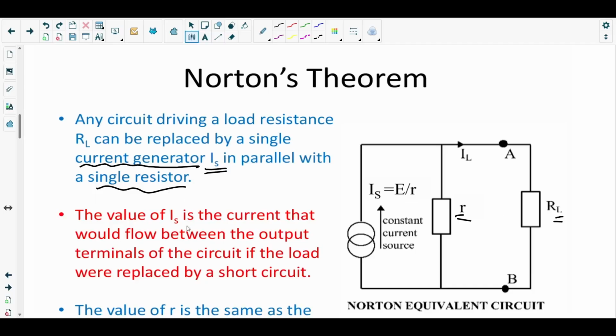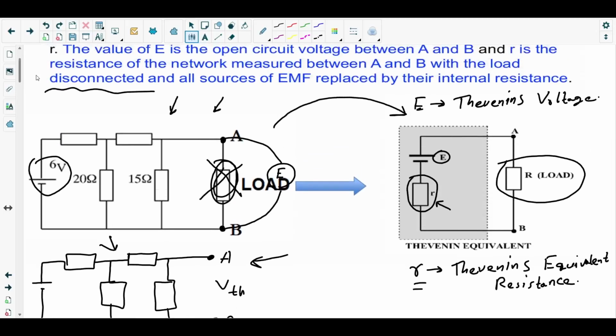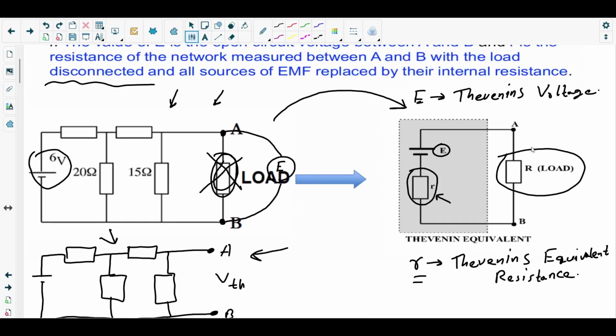Okay? The value of Is is the current that would flow between the output terminals of the circuit if the load resistor were replaced by a short circuit. Have a look. This is the Thevenin's equivalent circuit, right?